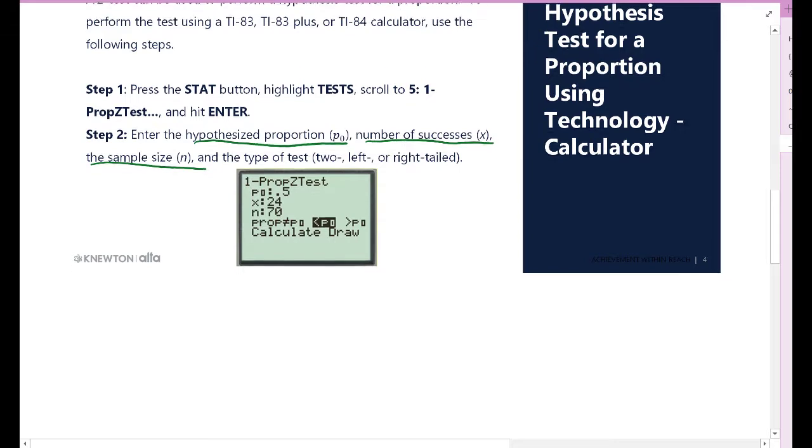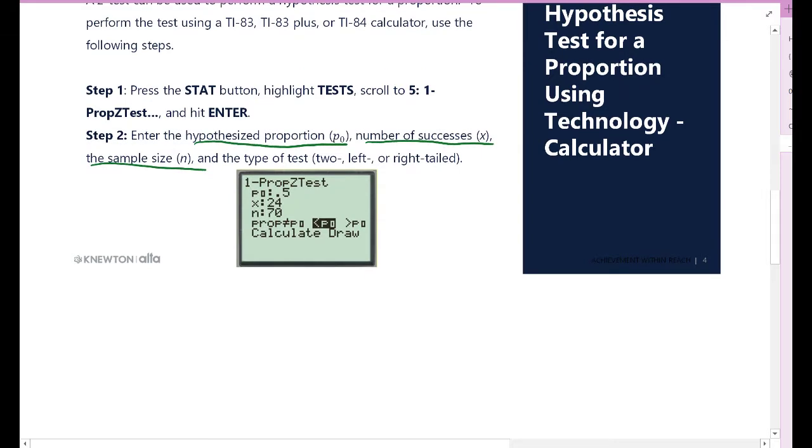As always, there are certain conditions we need to have in order to perform a one prop z-test. The conditions are we need n times p hat, your p hat is your sample proportion, to be greater than or equal to 10.